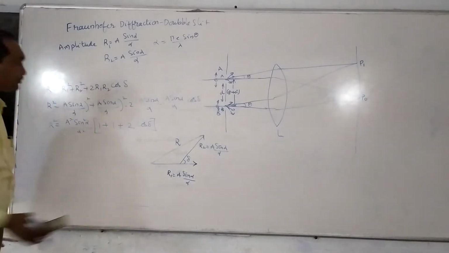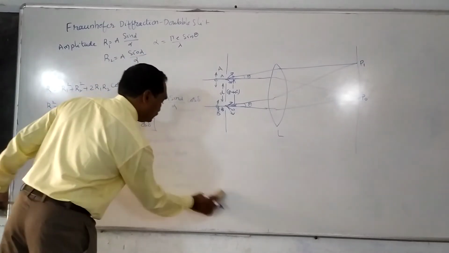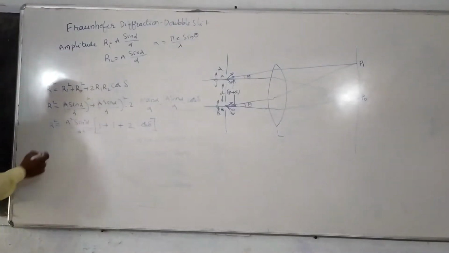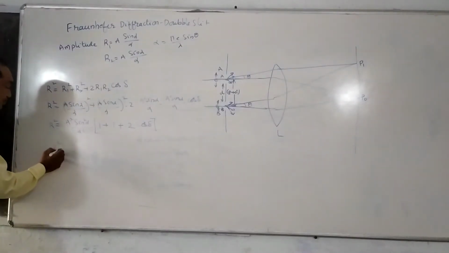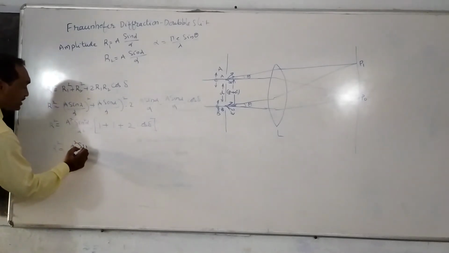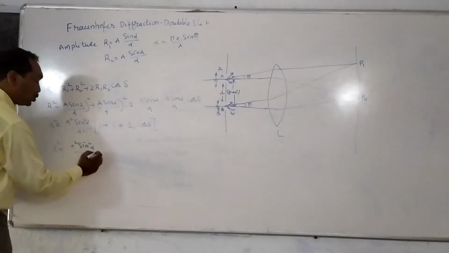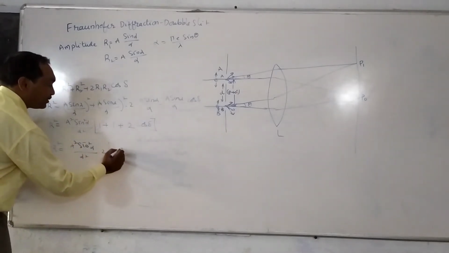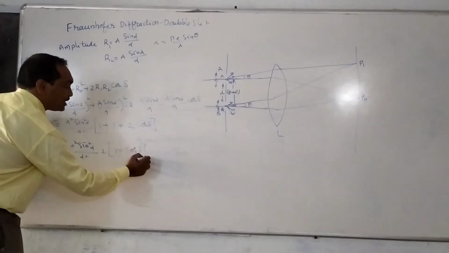Am I right? Now that is equal to A square sin square alpha by alpha square into 1 plus 1, 2. When 2 is taken as common, 1 plus cos delta.